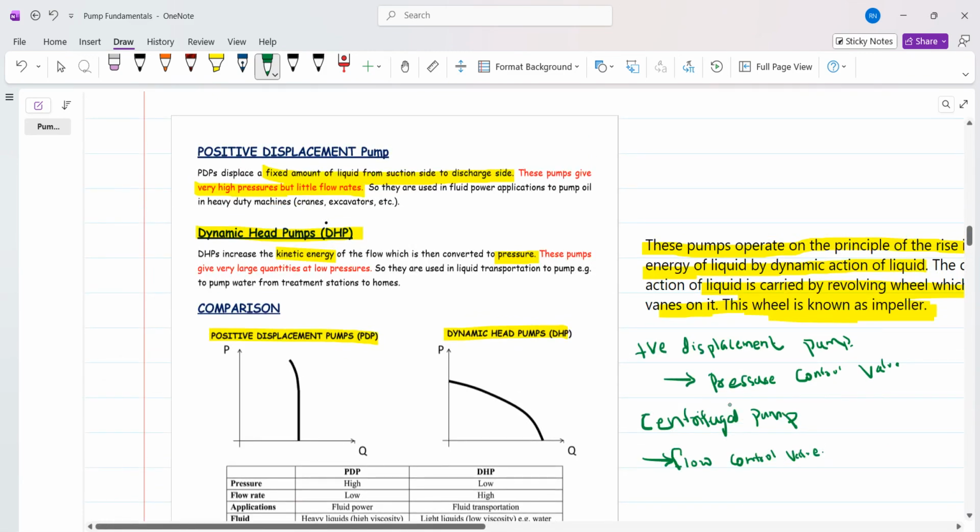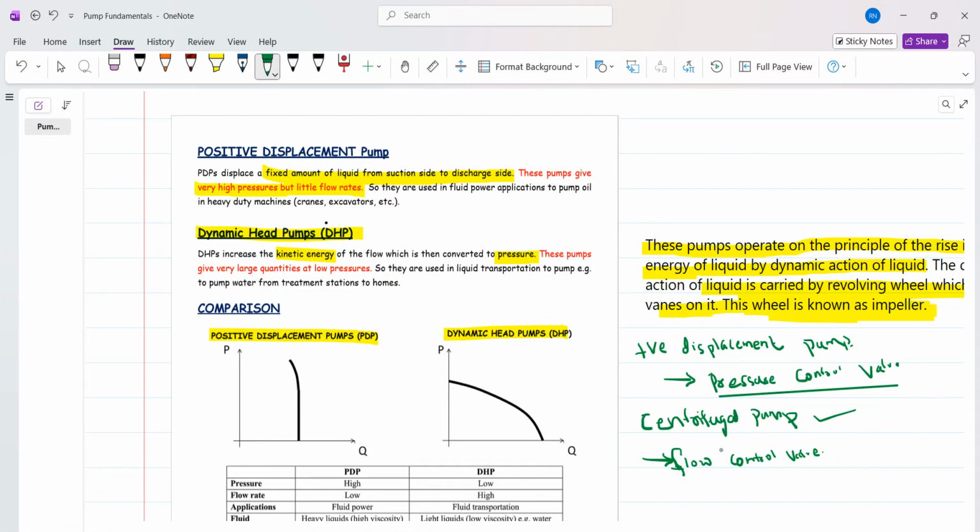So in every industry, as you can see, there is the piston pump or plunger pump, there is always the flow control valve. And in every industry there will be the centrifugal pump, you can see there is the flow control valve to control the fluid.